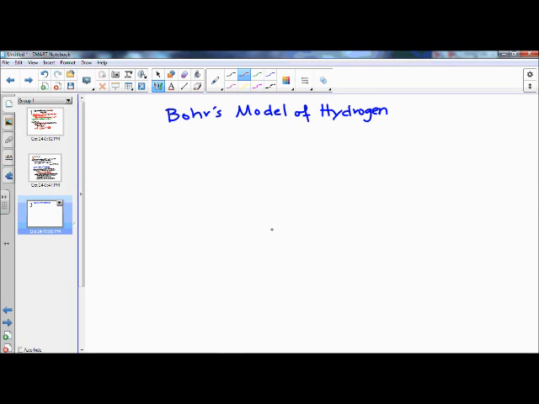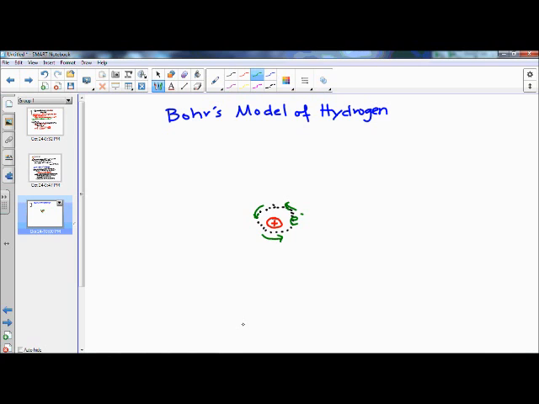Bohr said the following. Here's hydrogen and here's the proton, the nucleus. In its normal resting state, that means a gas without extra energy, the electron would orbit the proton at a specific distance from the nucleus.